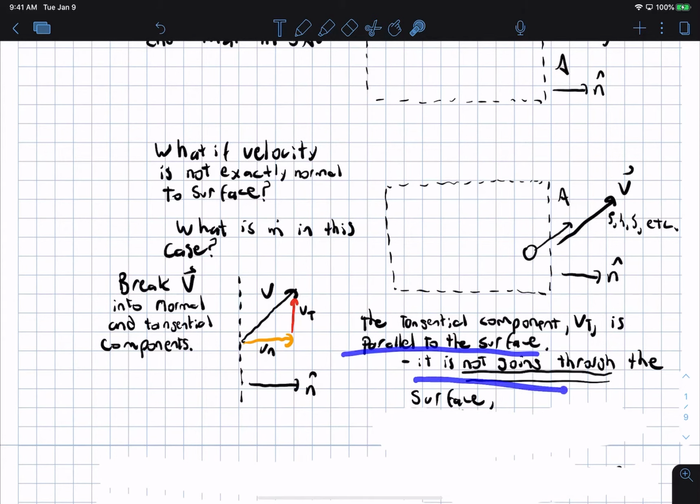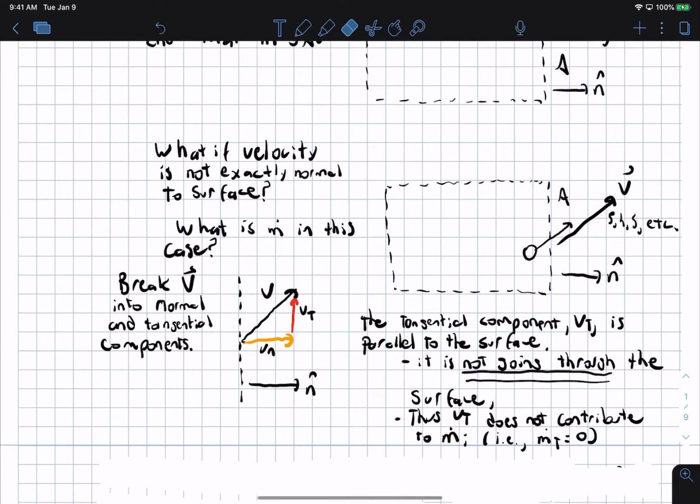It is not going through the surface, okay? Thus, the tangential component of the velocity cannot contribute to m dot. So you could say that m dot, based on the tangential component of the velocity, is equal to 0.